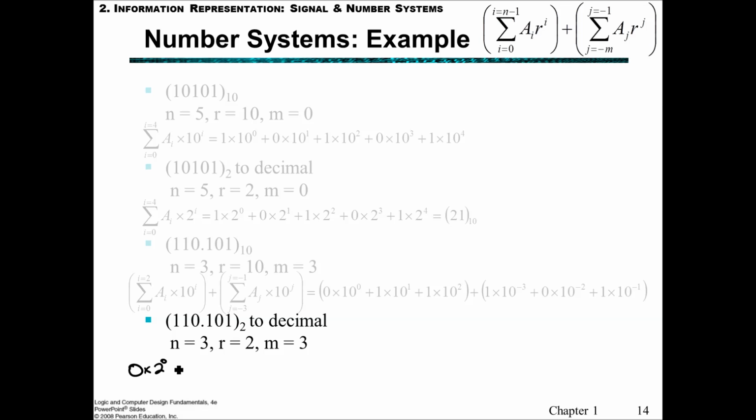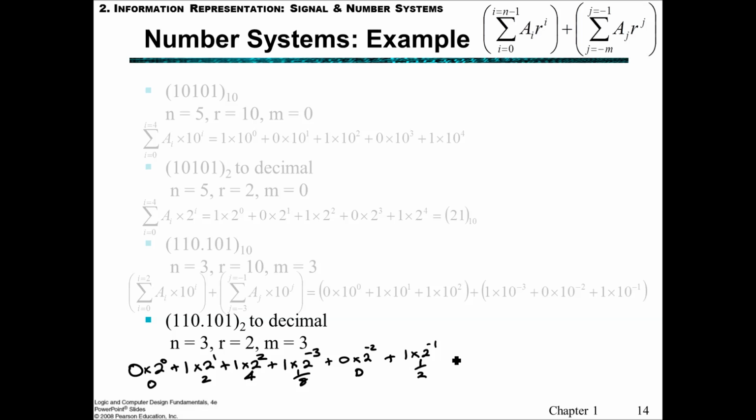0 times 2 to the 0 plus 1 times 2 to the 1 plus 1 times 2 to the 2 plus, let's put the decimals in there as well, 1 times 2 to the -3 plus 0 times 2 to the -2 plus 1 times 2 to the -1, which gives 0, 2, 4, 1 on 8, 0, 1 on 2.